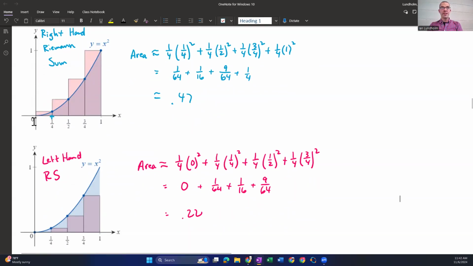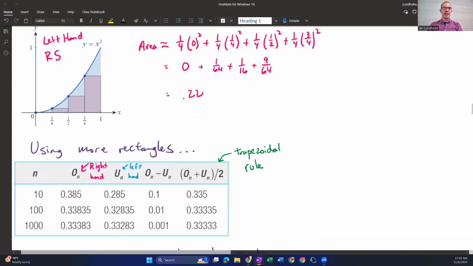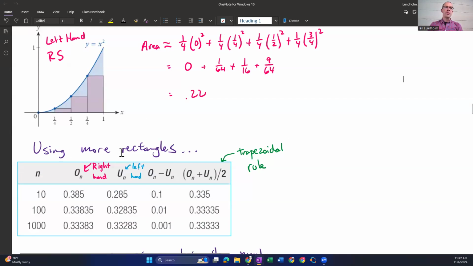This is an overestimate. Obviously, we've calculated more area than we needed. Here, it's an underestimate. We've calculated less area than we needed. And the cool thing, setting up the expectation for Monday, is that when we use more rectangles, our estimates get better. If we were to utilize 10 rectangles, we would get these. This would be our right-hand Riemann sum, and this would be our left hand.